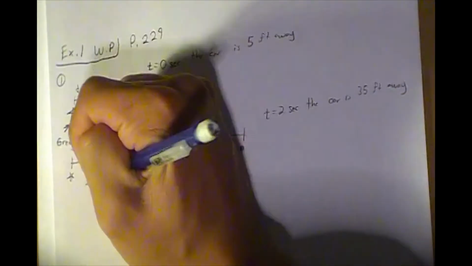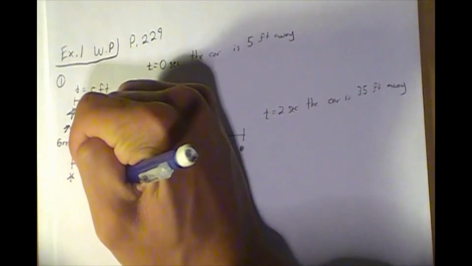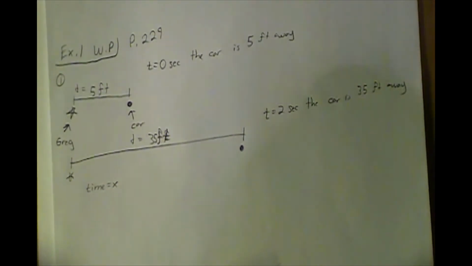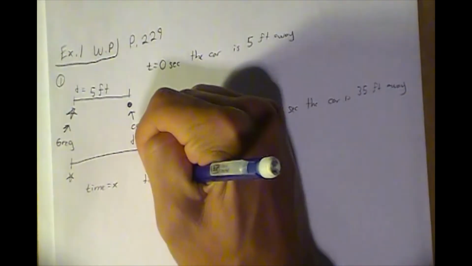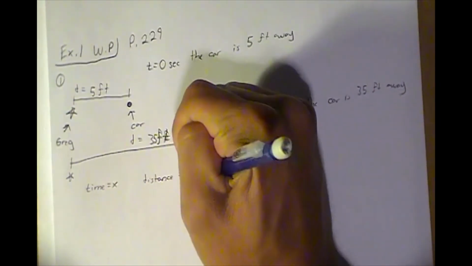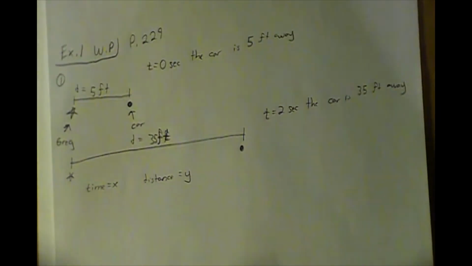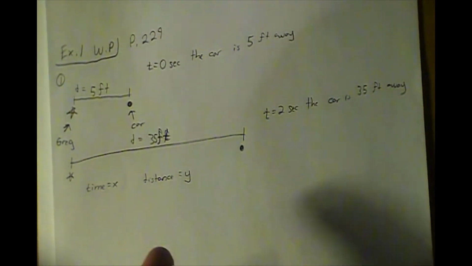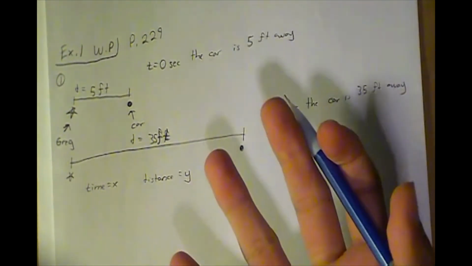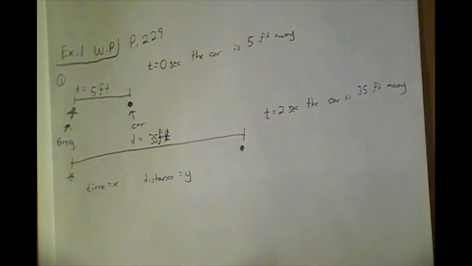So we could say time is equivalent to x, and distance is the same thing as y. Why is that? Because the distance is changing because of time. Time is not changing because of distance.